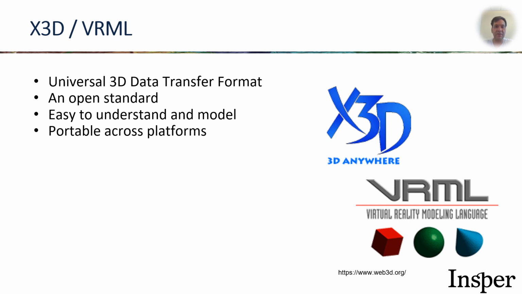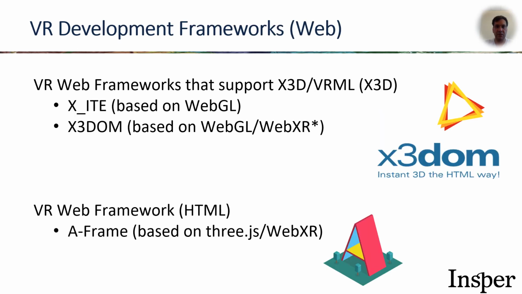The X3D and VRML specifications are maintained by the Web3D Consortium. If you plan to use X3D for web-based virtual reality development, you need JavaScript code to execute your X3D files. There are two main JavaScript libraries you can use directly in your HTML file for this purpose, X3DOM and X_ITE. Integrating either of them is straightforward. You simply call the JavaScript library and point it to your X3D file.